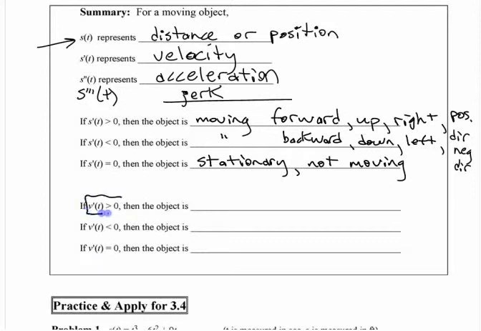If you look at the derivative of velocity, you have to think about what that is. The rate of change of velocity is how the velocity is changing. This is acceleration. When acceleration is positive, what's happening with the object? Basically, if the derivative of velocity is greater than 0, velocity is increasing.